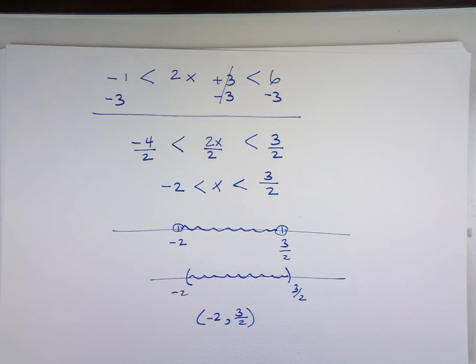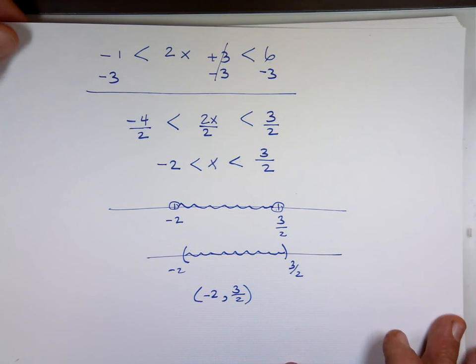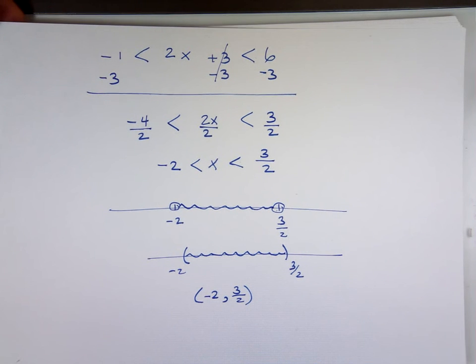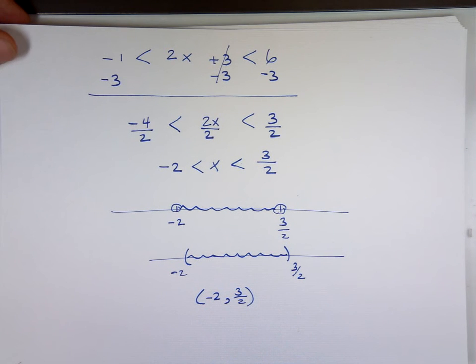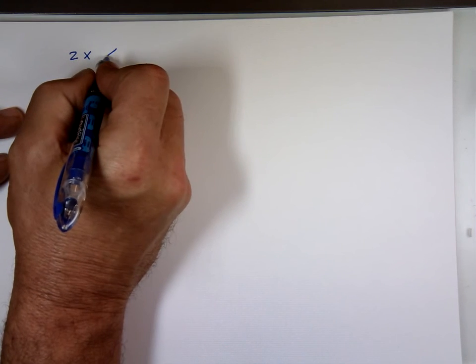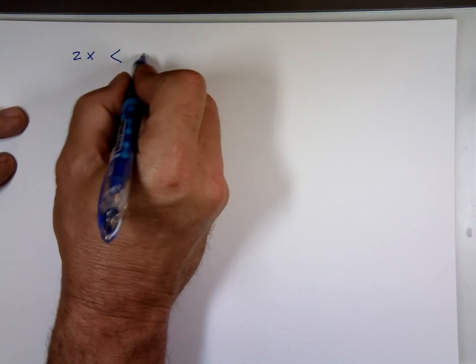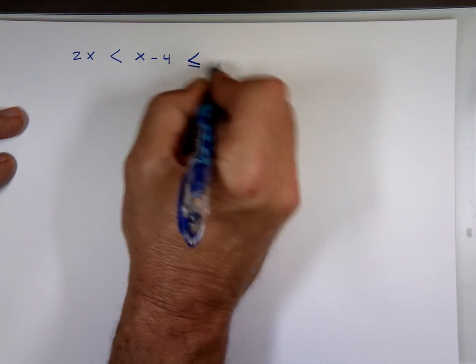As I said, you couldn't do it in one step. If I had x's on both sides, I'll make that my last one in this section. I'll do another example. If you had 2x less than x minus 4 less than or equal to 3x plus 8.